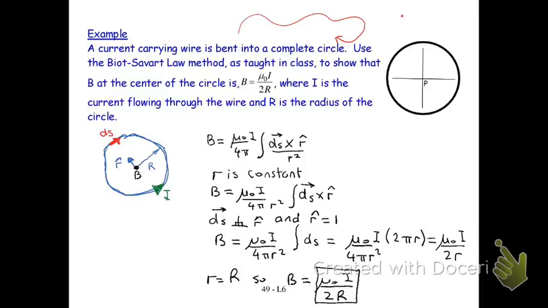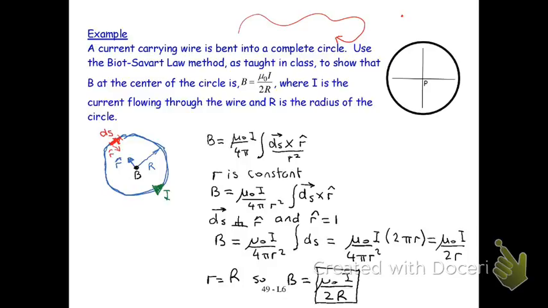And so we use the middle of a circle. And that way, if you think about it, a lot of symmetry. Every point on the wire is the same distance away from the center of the circle. And in every case, your ds, your little wire length vector, and your r hat vector.